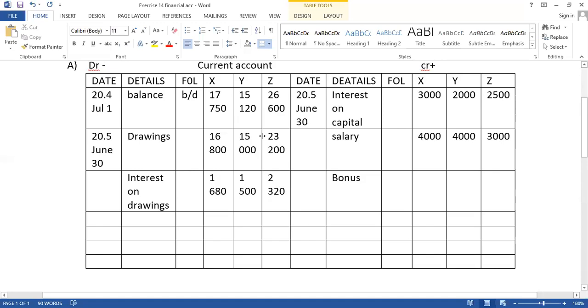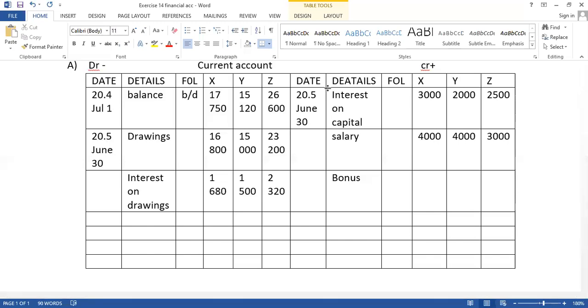And all the transactions that are appearing on the credit side, except the balance, because you can sometimes have a balance on the credit side, should be subtracted.